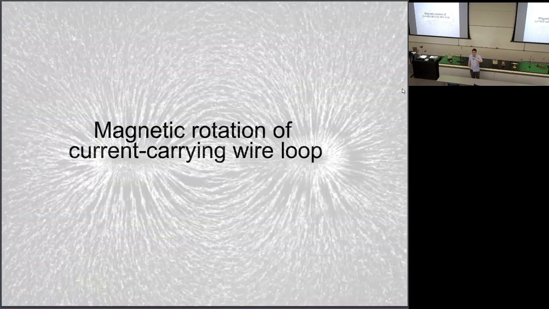So the last example I wanted to work on is a current loop immersed in a region of magnetic field. We're going to look at the interaction of a current loop in a magnetic field. The straight wire in a magnetic field is also an important situation. It's a special case, but it's important.